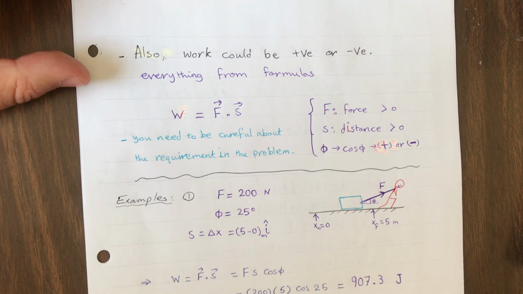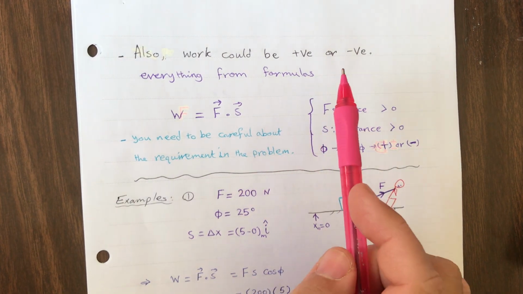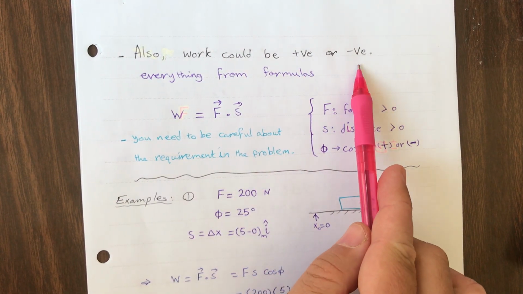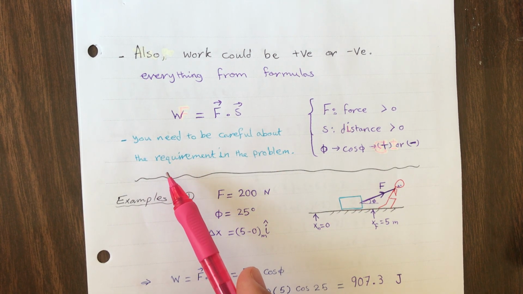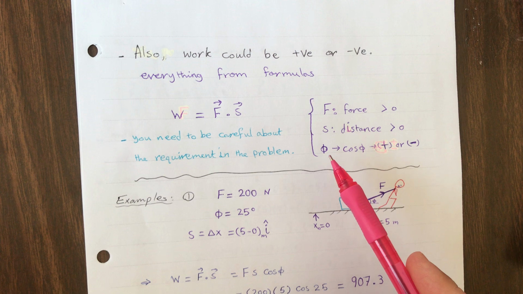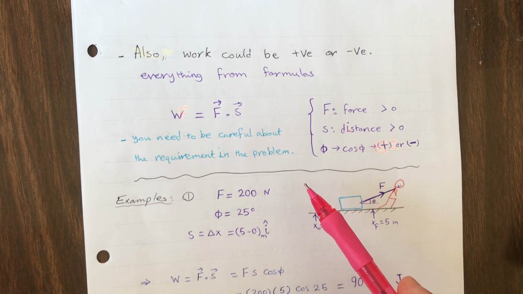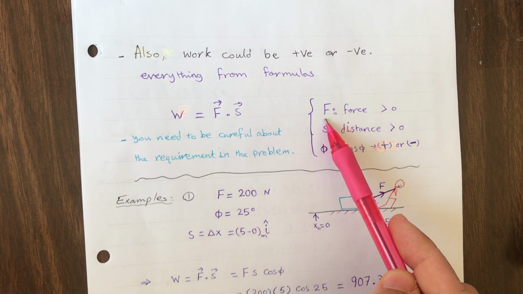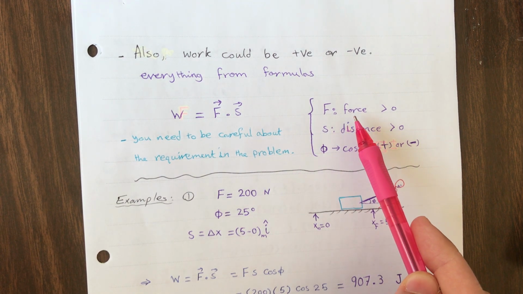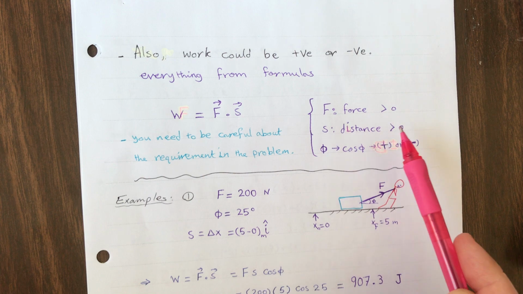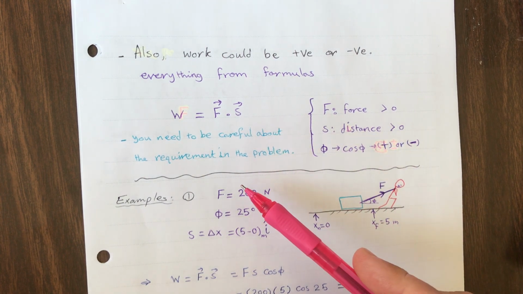Also, work can sometimes be positive, sometimes negative, using the relation. The force, we always have positive force magnitude depending on its direction, if it is in the positive x direction or in the negative x direction.